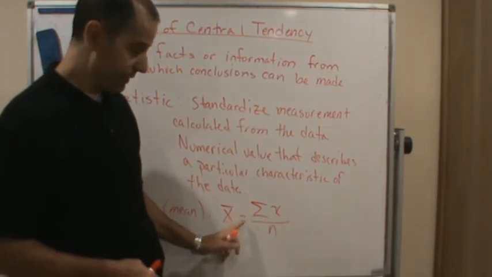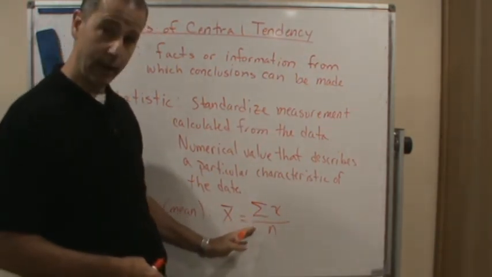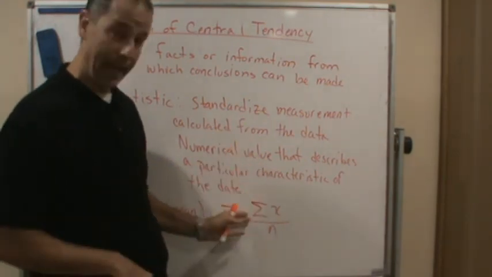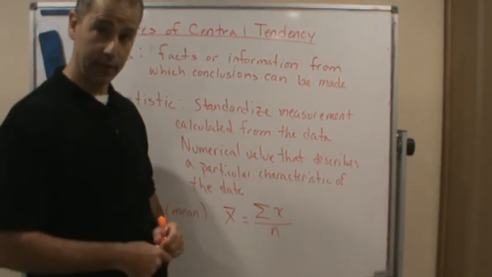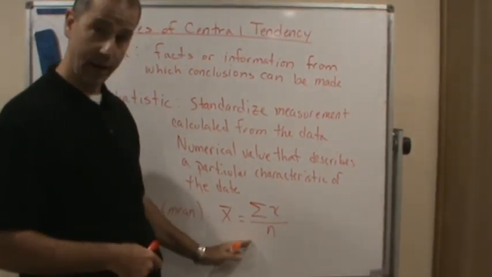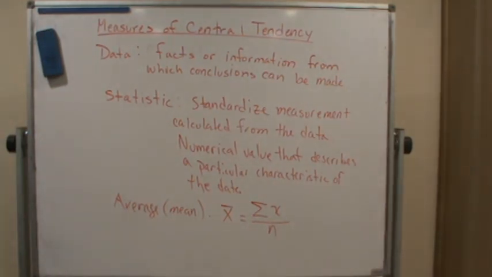This is the definition of the mean, or the average. You take all the values in your set, add them up, and divide by the total number of observations in your data set, and that's how we calculate the mean.